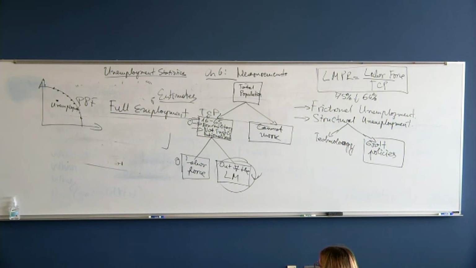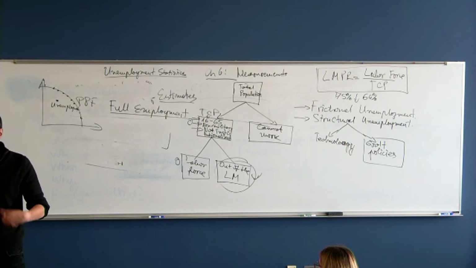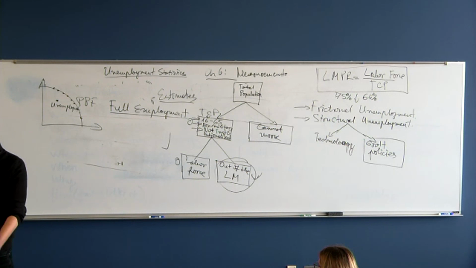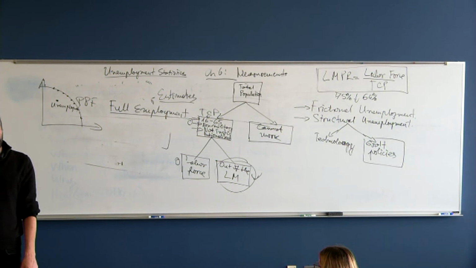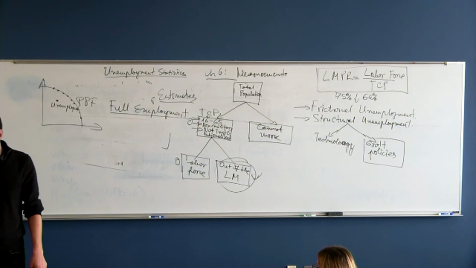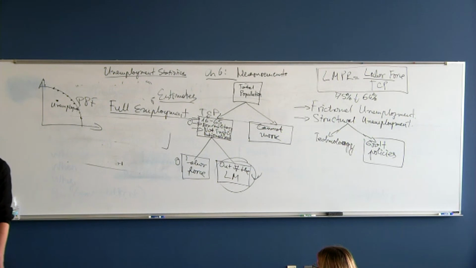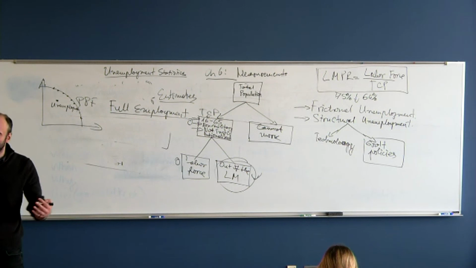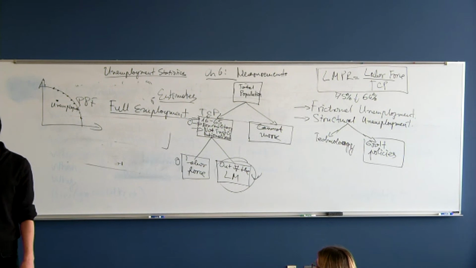So that's another reason: generous welfare benefits and unemployment insurance that are not conditioned on your actual job seeking will give you a higher unemployment rate. So labor laws, minimum wage laws, trade union protections, high unemployment insurance payments, all of those create inferior incentives for job creation and a higher unemployment rate.